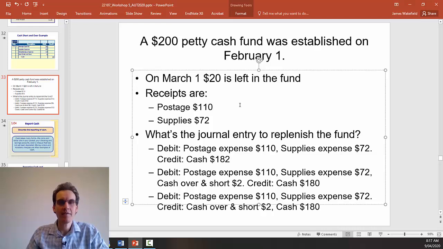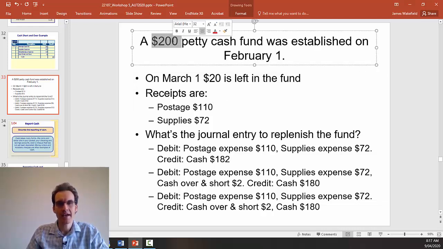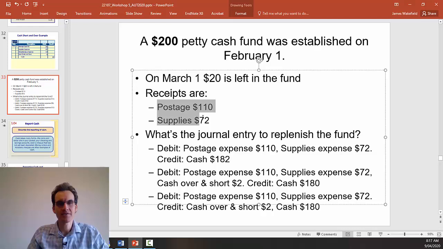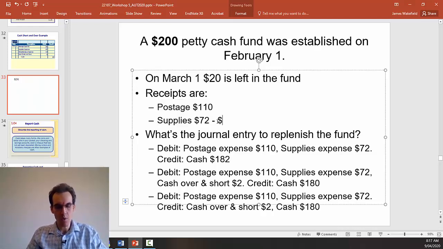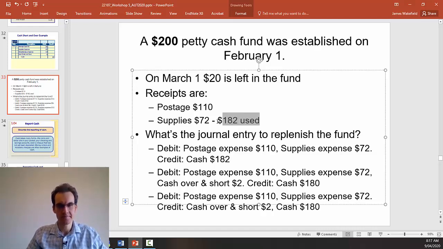So how did you go? And what answer did you get? Well, let's have a look at the information here. The first thing we have is a $200 petty cash fund established on February 1. The total value of what we have used up from this fund based on the receipts is $182, at least from a receipts perspective.